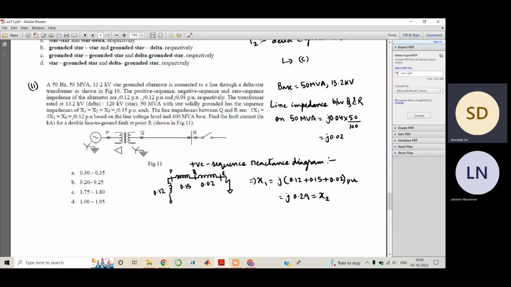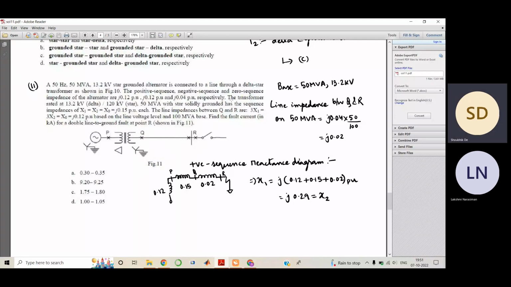Here they have mentioned all the positive, negative, and zero sequence impedances of the alternator and the transformer. This is the rating, this is the delta side and this is the star side, with solidly grounded star, as you can see.